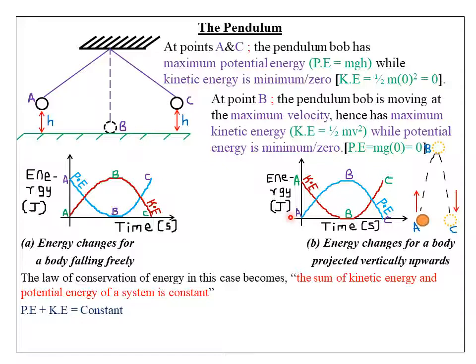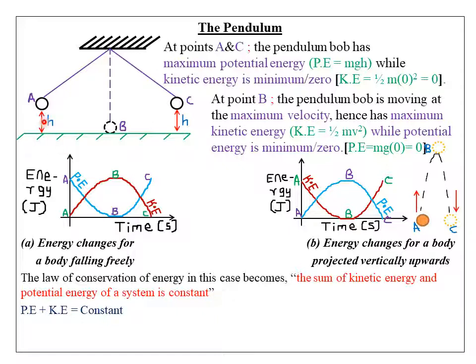So those are the two graphs for the body. From the two graphs, we can conclude that the law of conservation of energy in this particular case is that the sum of kinetic energy and potential energy of a system should be a constant. Remember, we said earlier that from the principle of conservation of energy, you can never create energy nor destroy it. Instead, you can only change it from one form to another.